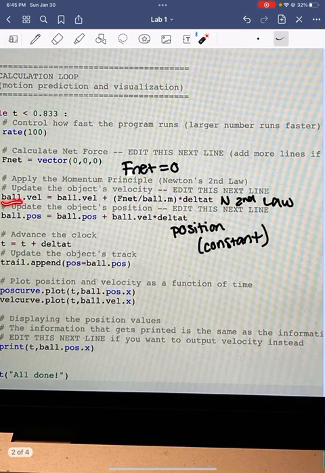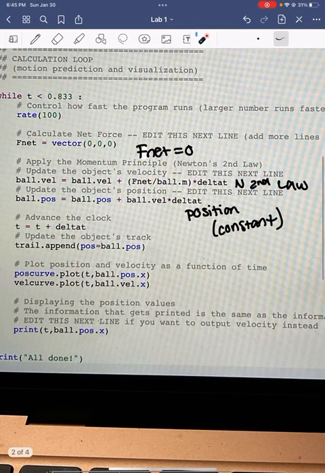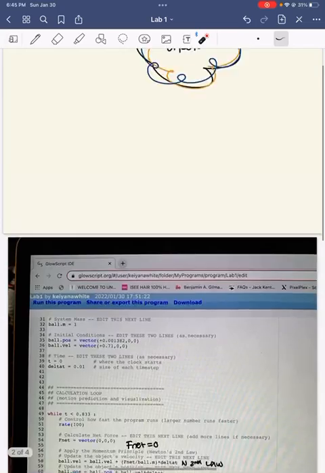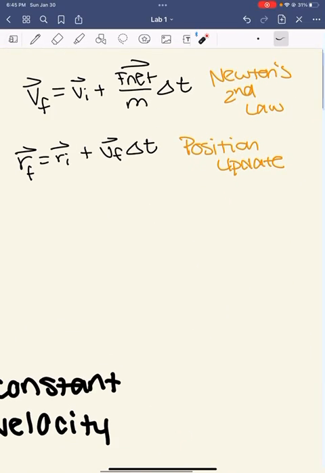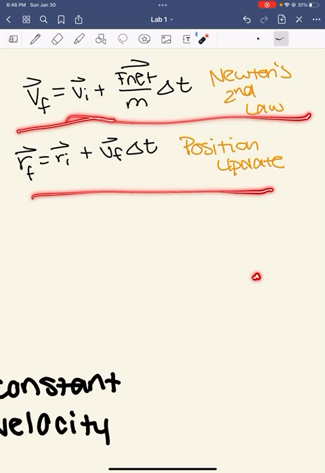We have to change this formula into the Newton's second law formula, but since F net is 0, that will eventually cancel out if we were doing this on paper and calculating normally, but it's just code. We also have to change the ball's position, which is also positive. These are the formulas that we're ultimately using in the code.